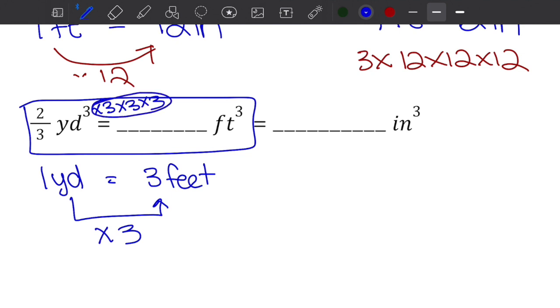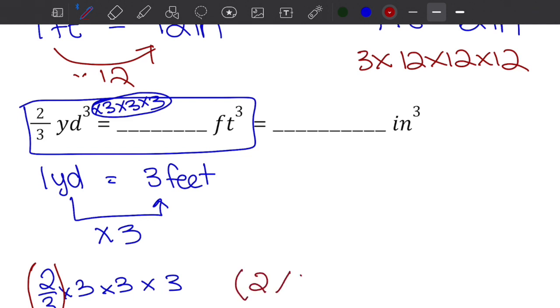Okay, so on your calculator, you're going to write 2/3 times 3 times 3 times 3. But here's where I need you to be careful. Anytime you're working with fractions on your calculator, you must put them in brackets. So when you input this into your calculator, depending on what brand you have or what model, you'll put brackets 2 divided by 3 brackets times 3 times 3 times 3.